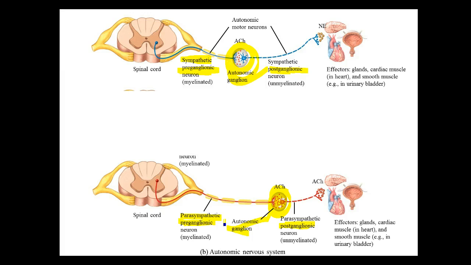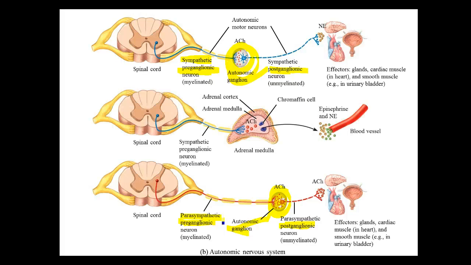So these two systems are supporting the statement that we have two motor neurons in the pathway, but there's always an exception. There is an exception to the rule when there's only one motor neuron in the pathway for the autonomic nervous system, and that's going to be very specific for the organ we go to, and this is when we go to the adrenal gland.